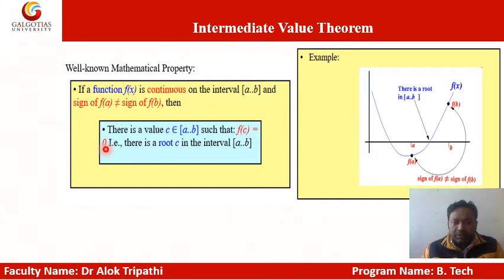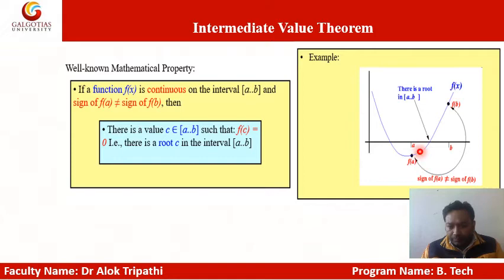Means if a function is continuous in a closed interval [a, b] and f(a) and f(b) are of opposite signs, then there must exist one root of the equation f(x) equals to 0 in the interval [a, b]. You can see the graph here, this is the plot of our function f(x).